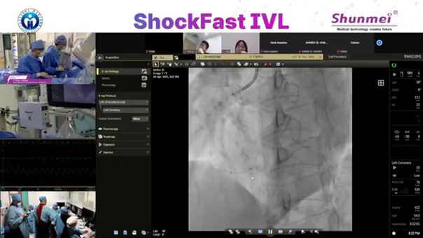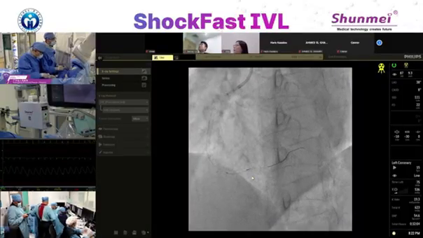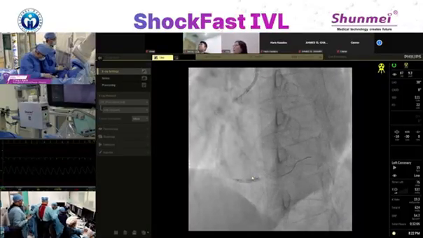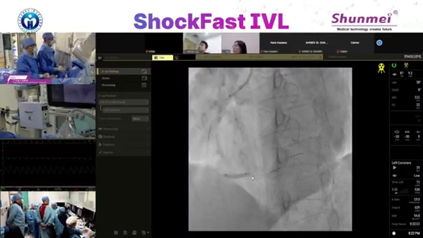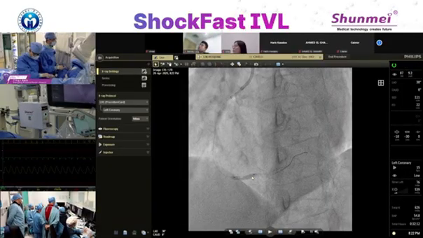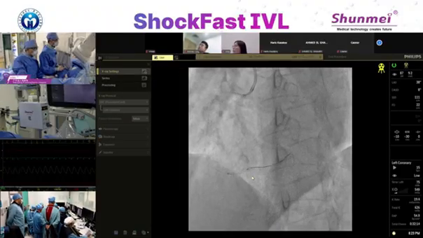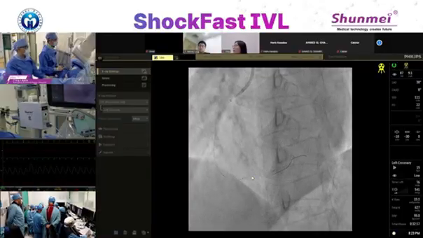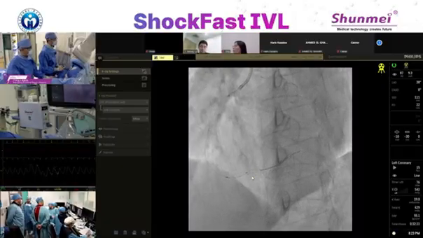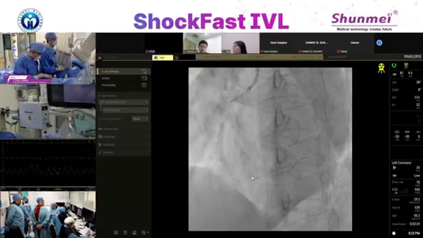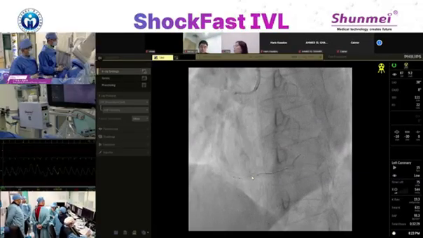Is it at the side? It went in a little bit. 26. The vessel is bent. I don't want to tip again the guiding extension.